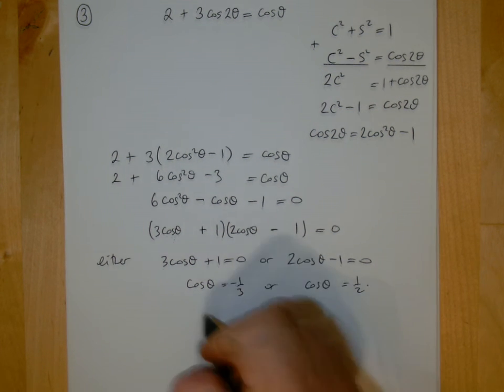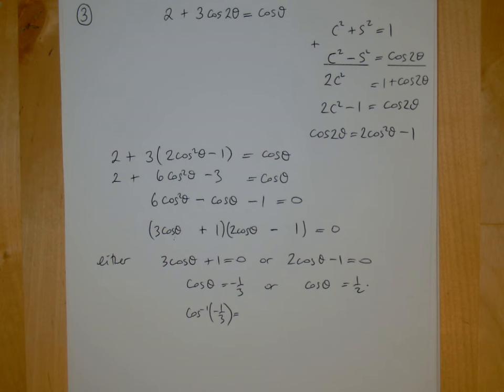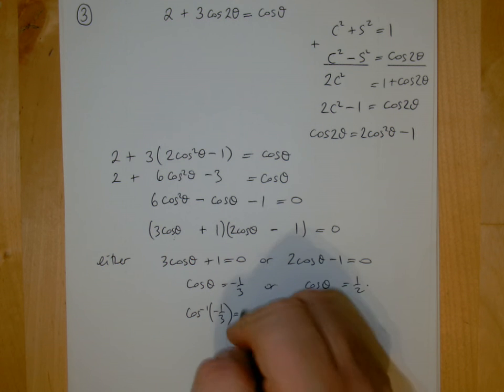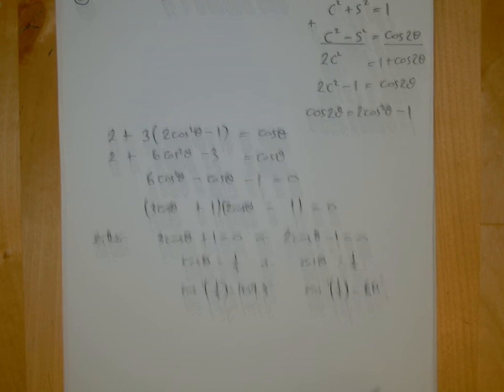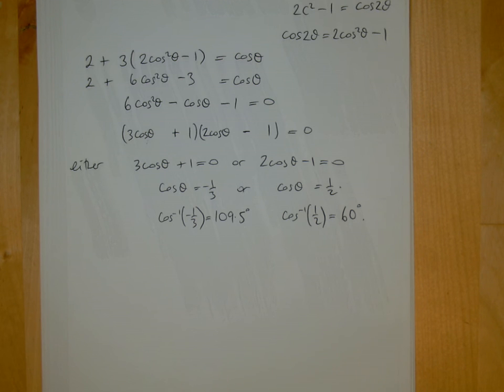So we do cos to the minus 1 of minus 1/3 on our calculator, which will be 109.5 degrees. And then here cos to the minus 1 of a half, which I know to be 60 degrees. So we need to plot this then on our cos graph.